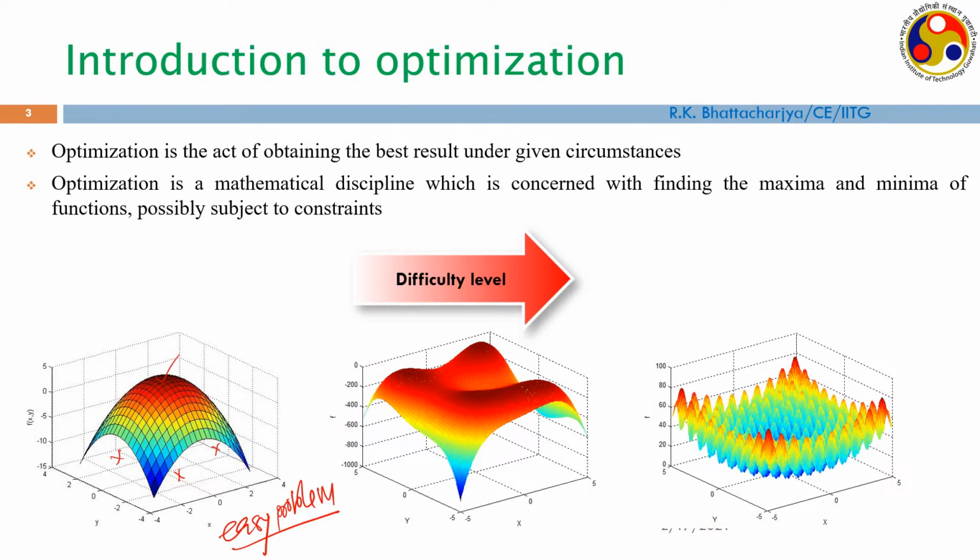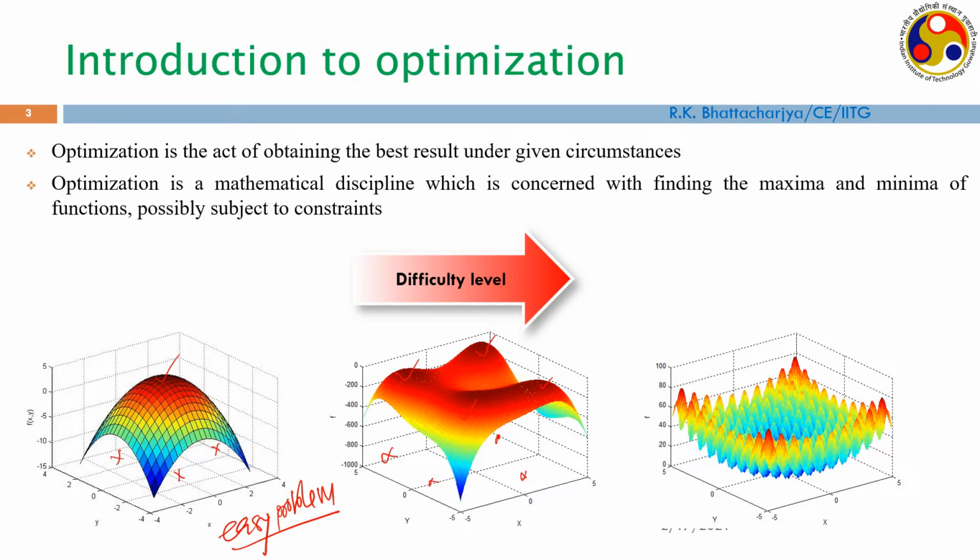Now the second problem is a little bit more difficult, because there are four optimal solutions here. If I take an initial point somewhere here, maybe you will get this optimal solution. If you take somewhere here, you may get this, or somewhere here, you may get this one. So depending upon what initial solution you have taken, every time you may get a different optimal solution.